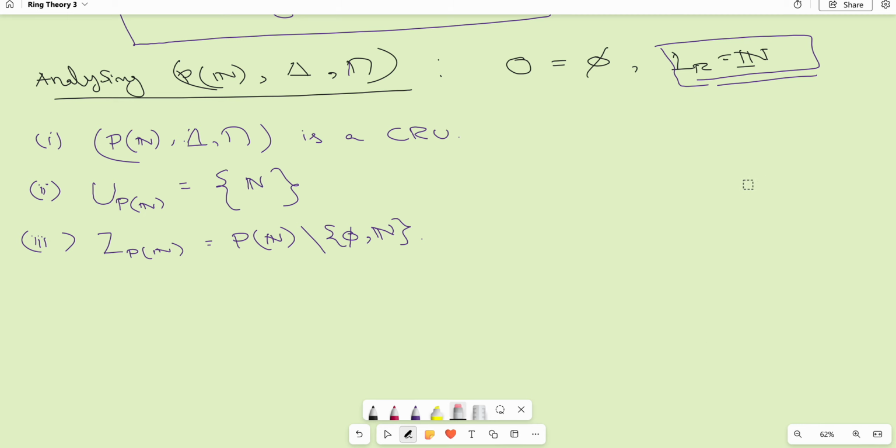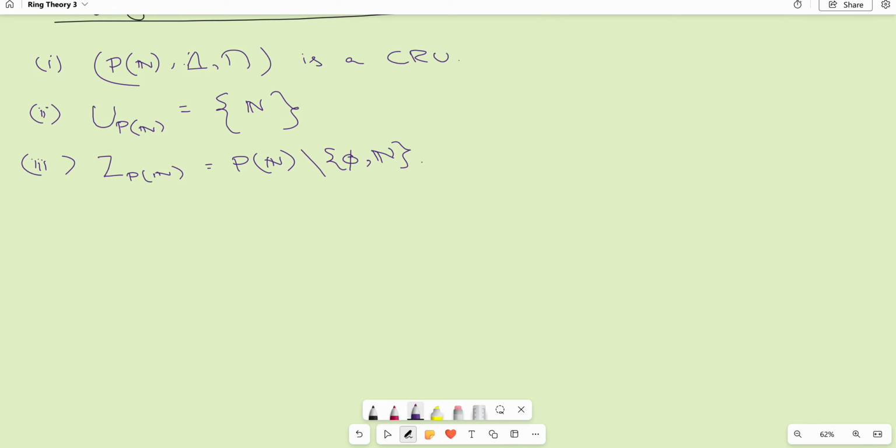What else now? The nilpotents of the power set of natural numbers. What is it? Nilpotent means A to the power k is 0, that means A intersection A and so on, intersection A should be empty.